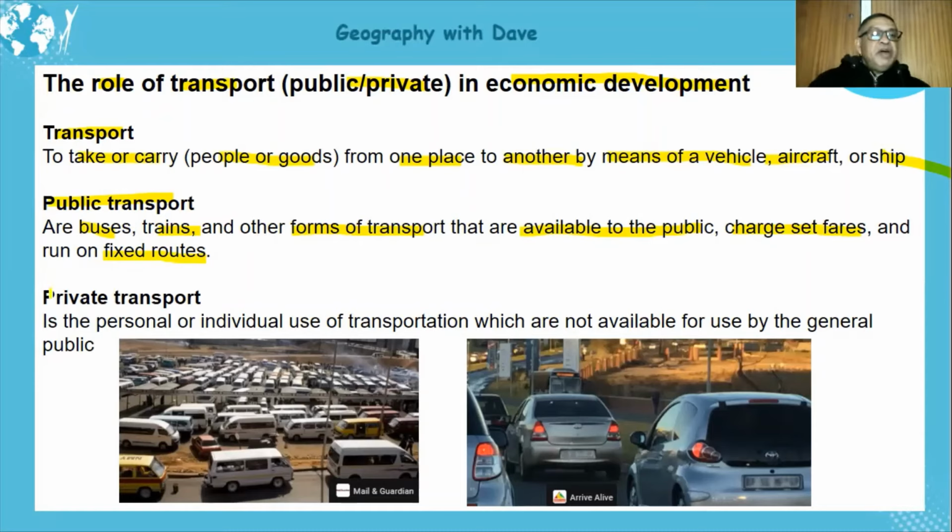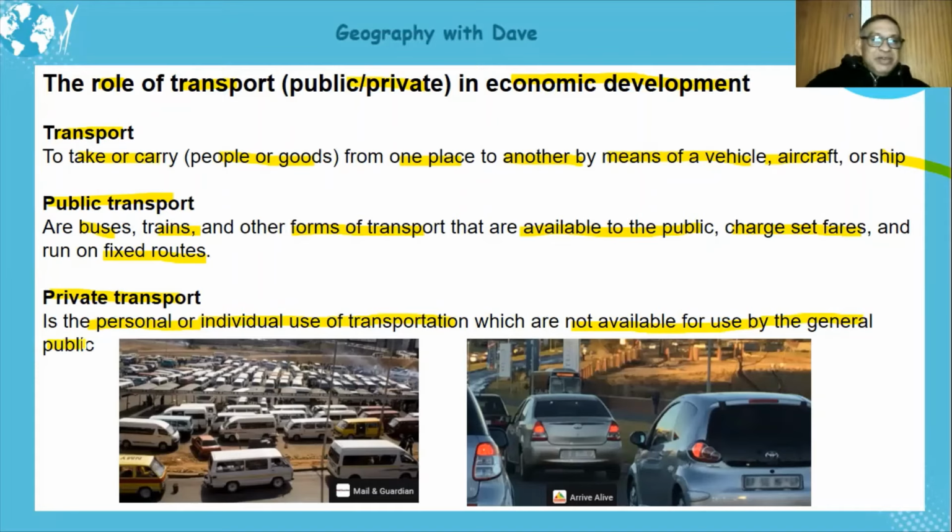And then we have private transport. And this is the personal or individual use of transportation, which are not available for use by the general public. Okay, so that is when your family goes on a trip, your father or mother, or you drive the car, all right, it's for personal use.